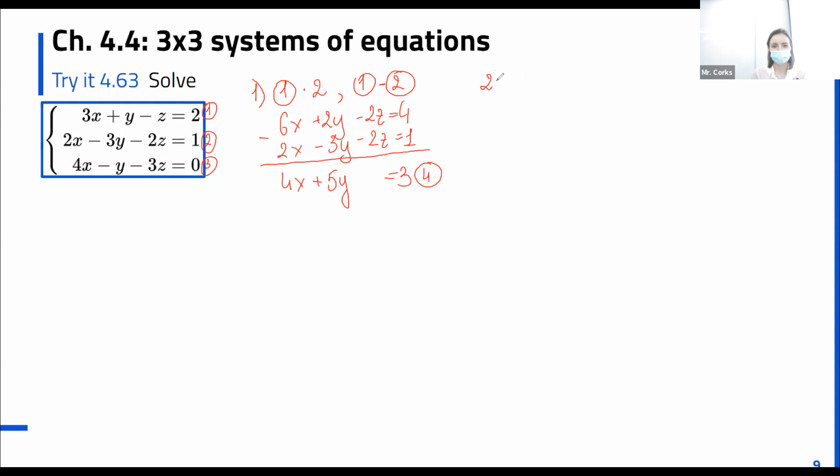For the second step, what are we going to do? We are going to subtract the third equation from the first equation, and the first equation will be multiplied by 3.